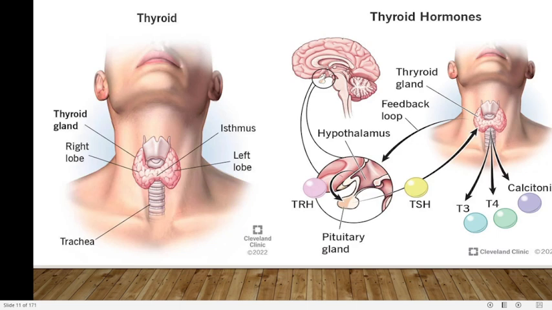On my far right, we can see the different hormones released by the thyroid gland, starting with calcitonin, the one involved in downregulation of serum calcium, followed by T4 and T3. T4 is thyroxine and T3 is triiodothyronine.